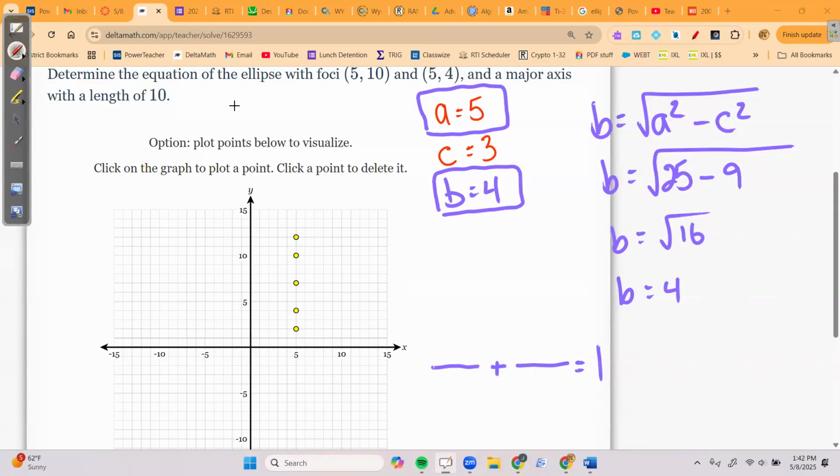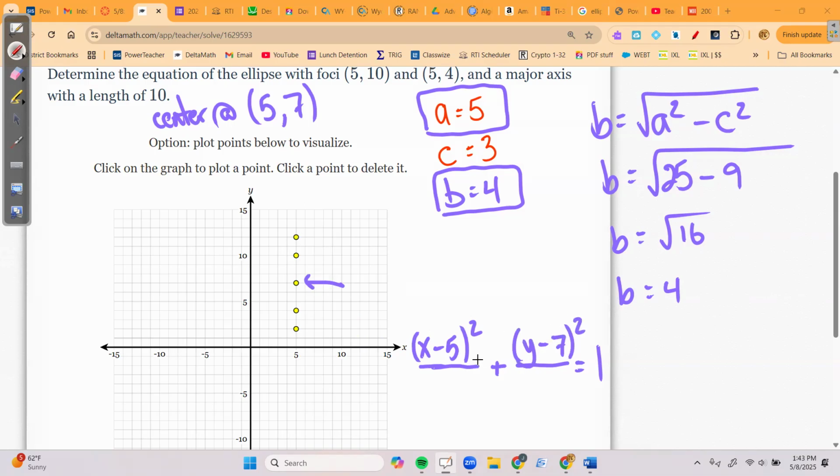And then the center, and I haven't actually written this down yet, but we know that the center is right there, at the point 5, 7. So when I write the numerators of my equation, I'm going to have x minus 5 squared and y minus 7 squared.